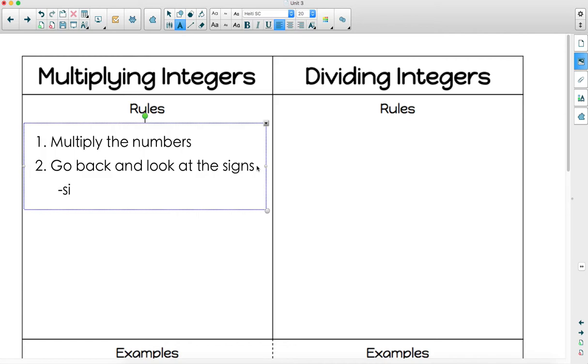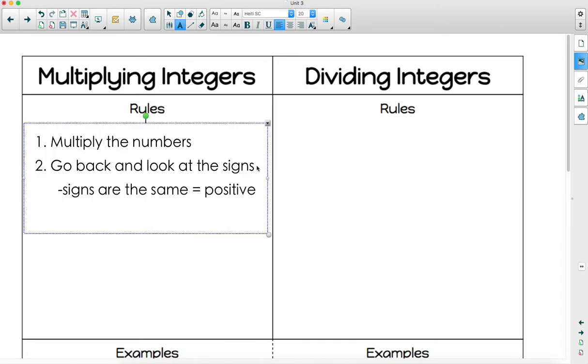If the signs are the same, the answer is going to equal a positive. This means that if you have a positive number times a positive number, it's going to equal a positive number.